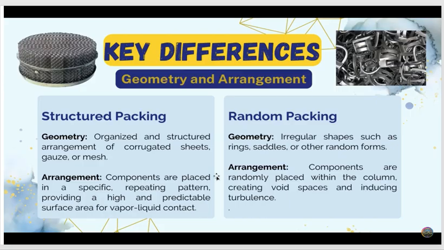Here the structured packing versus the random packing arrangement. Here you can remark that the components are placed in a specific repeating pattern, providing a high and predictable surface area for vapor liquid contact. This is important related to structured packing.